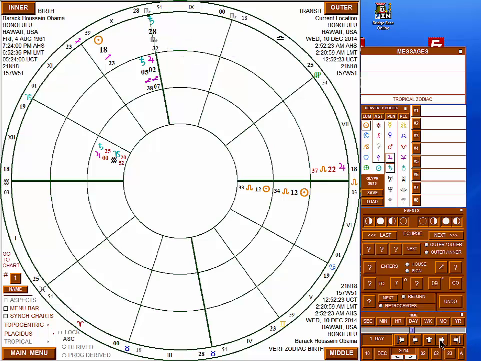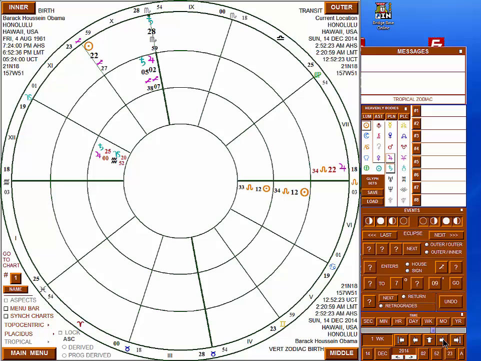There we go. One more, and on December the 14th of 2014, transiting Saturn for the first time entered President Obama's 10th house. So let's see when it will conjunct his vertical Jupiter.